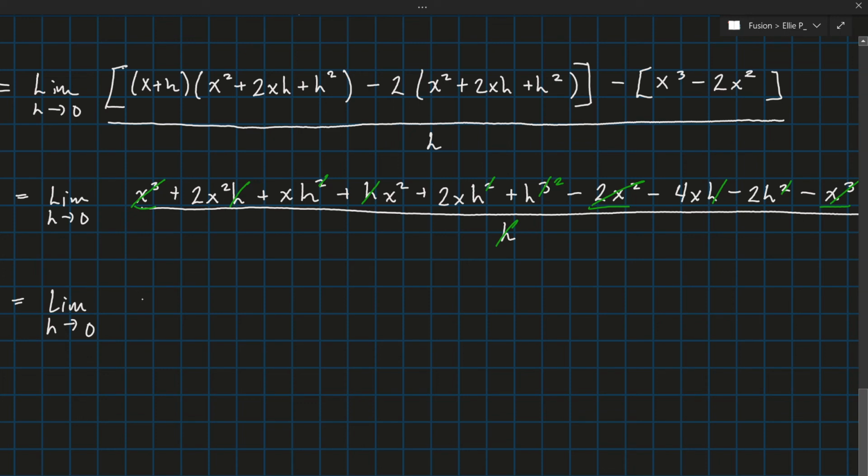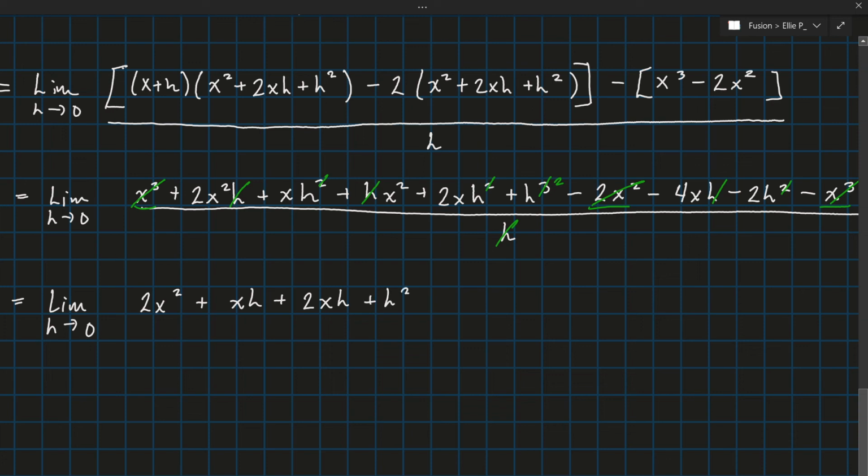So we get 2x squared plus xh plus 2xh. Oh, we could have combined these, but whatever, doesn't matter.